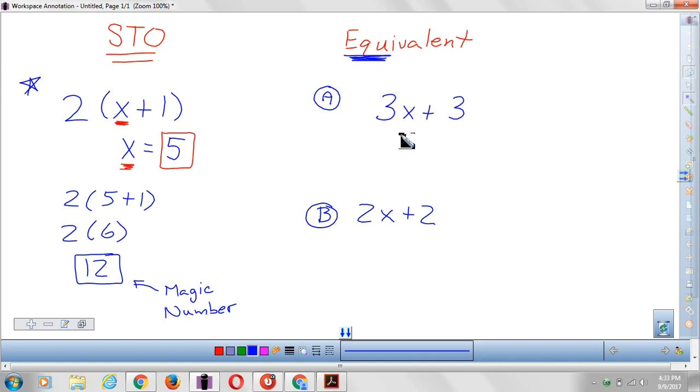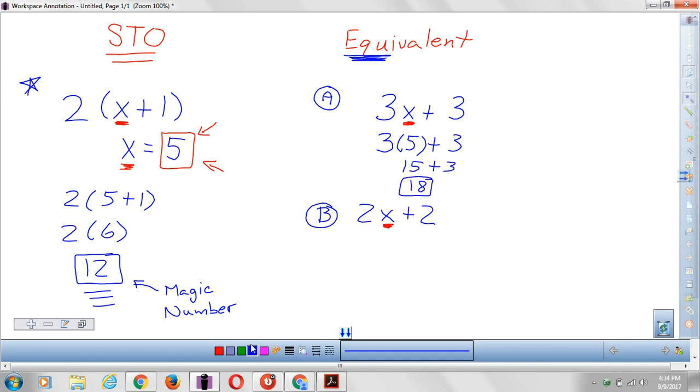Well, if I take this x and this x, and I change them both to this number 5 right here, we can see which one is equivalent, because it should give me this same magic number. 3 times 5 plus 3 is the same thing as 15 plus 3, which is, of course, 18.